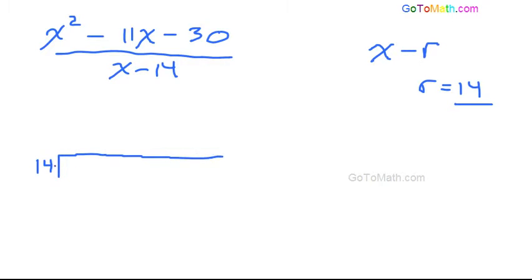Okay. So what we're going to do is write the coefficients of the numerator, what we have up here. And so this is going to be a 1, a negative 11, and a negative 30. Then we take this 1, we bring it diagonally down, put it right here.